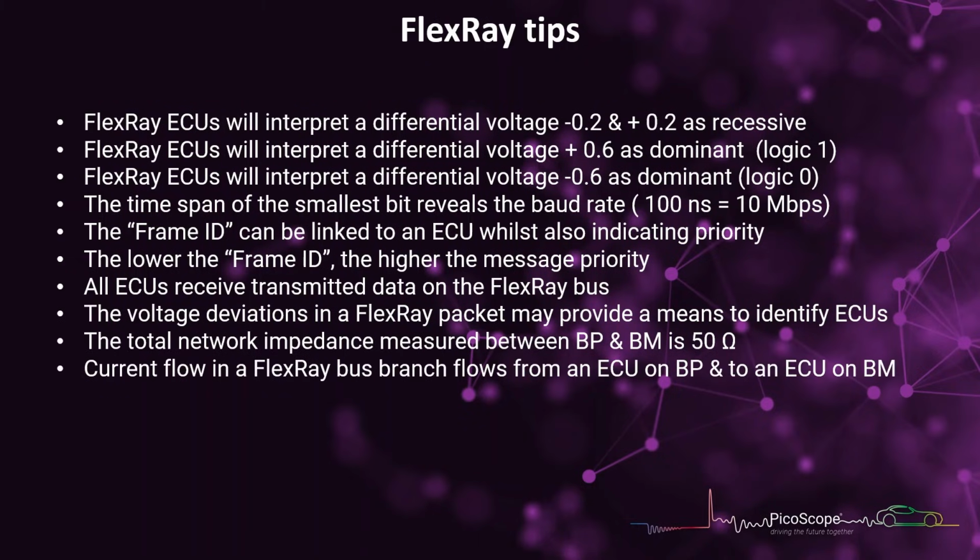Now, current flow in a FlexRay bus branch, remember it has to be a branch, not the spine, flows from an ECU on bus plus and to an ECU on bus minus.